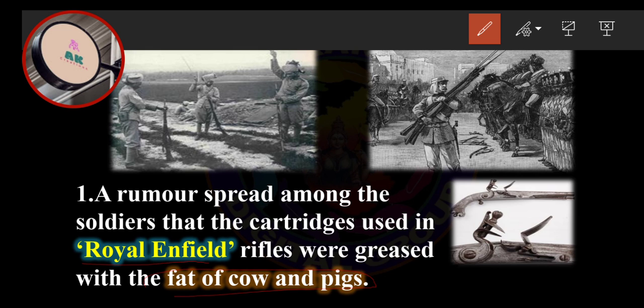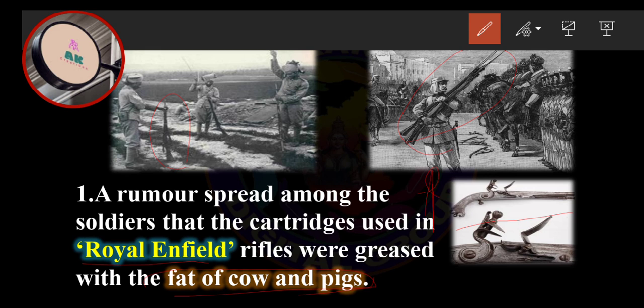So the rumor spread that the rifles they used to use, they have to plug from their mouth. They have to plug a Royal Enfield from their mouth so that they can use it. And the rumor spread that whatever you are plugging from your mouth was prepared from cow and pig.